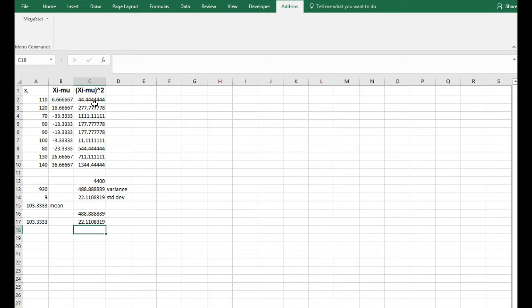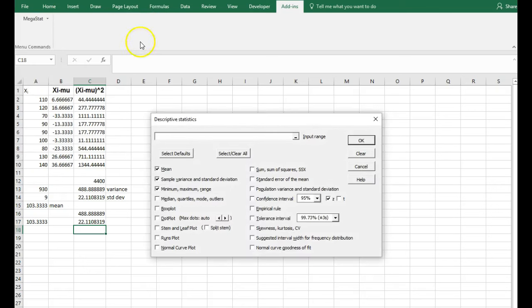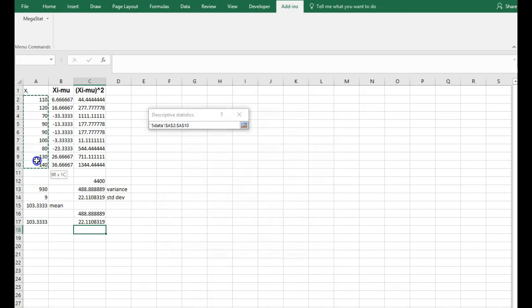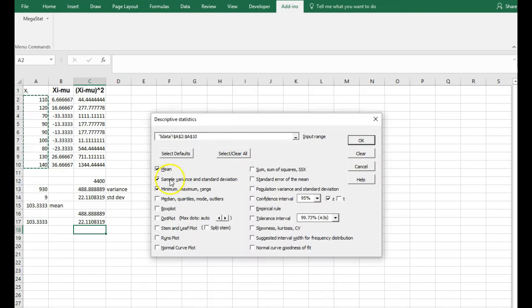And so then we'll look at the range, variance, and standard deviation done in Megastat. So you see we have add-ins open up here. We go to Megastat, descriptive statistics, find the range. I guess we do want mean. And then population variance and standard deviation.